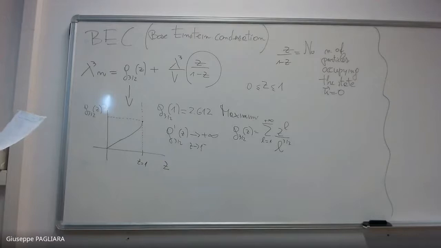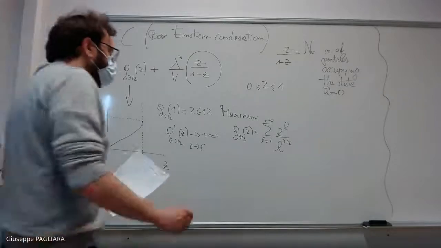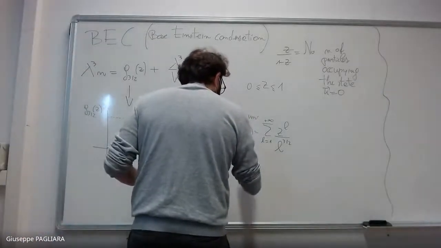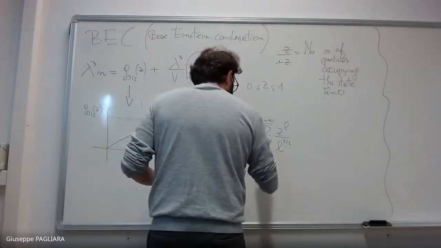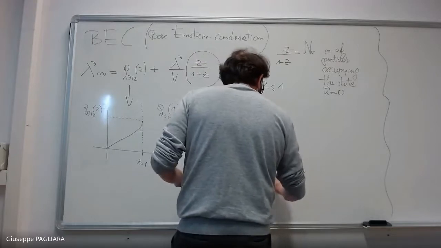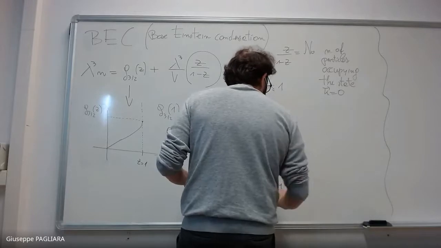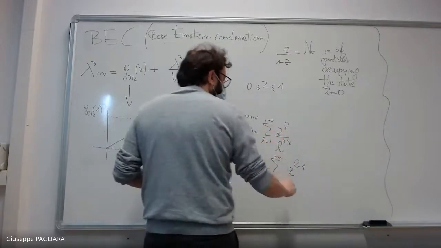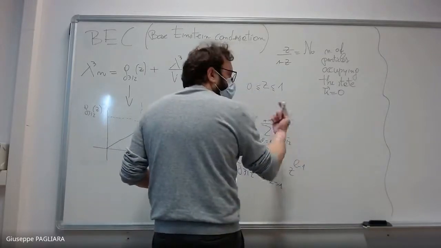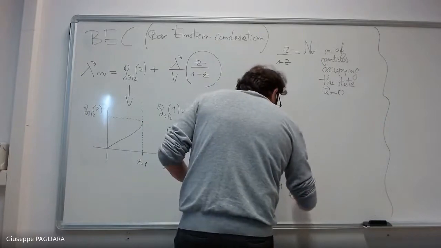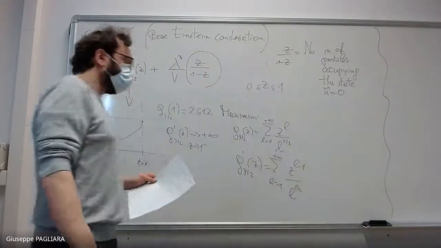this was 3/2, no? Yes. The first derivative of this function, I get 3/2 minus 1, which is 1/2, no? So the first derivative is equal to the sum from l equals 1 to plus infinity of z to the l minus 1, then I get a factor of l here, and therefore I have 3/2 minus 1, which is l to the power of 1/2.